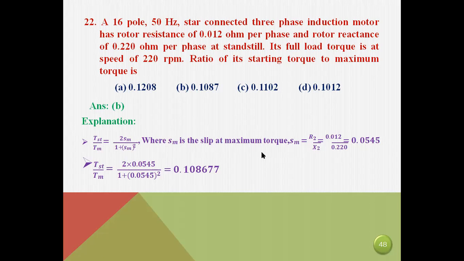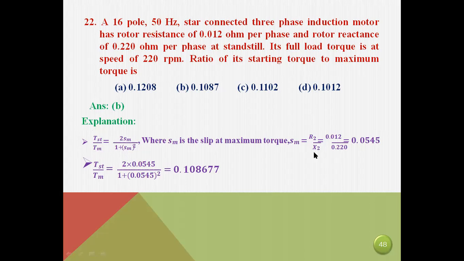You can calculate. Now we have the formula for the starting torque to the maximum torque, that is 2 into maximum slip upon 1 plus maximum slip square. You will need this equation to solve numericals if there is a question on the ratio of starting and maximum torque. If you have not seen these equations, you can note them down.